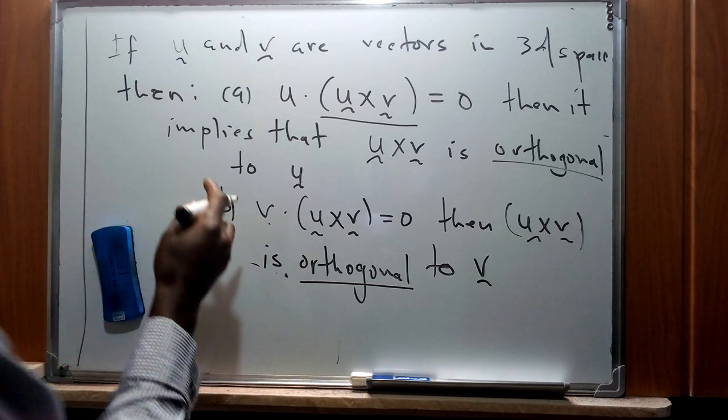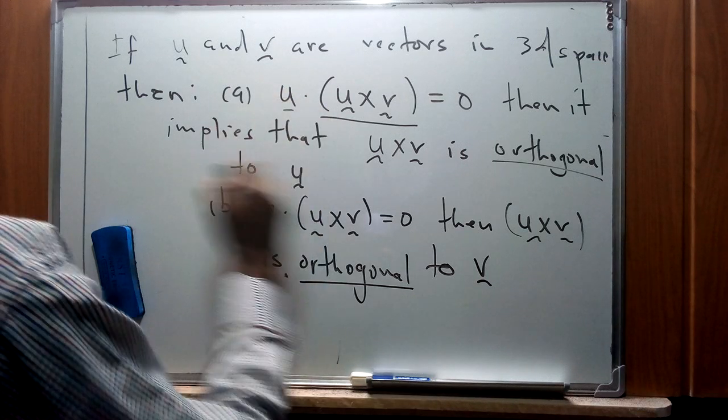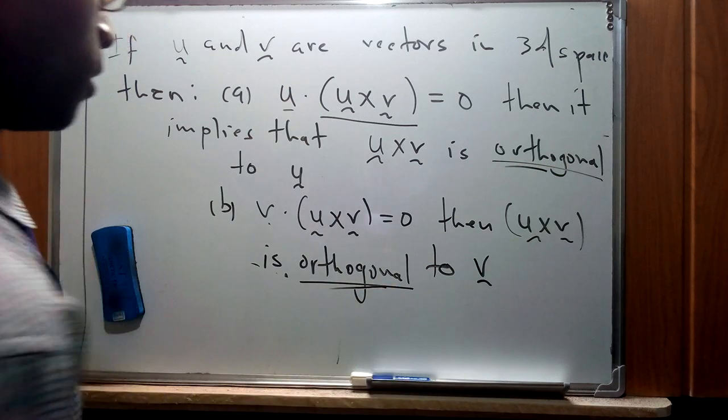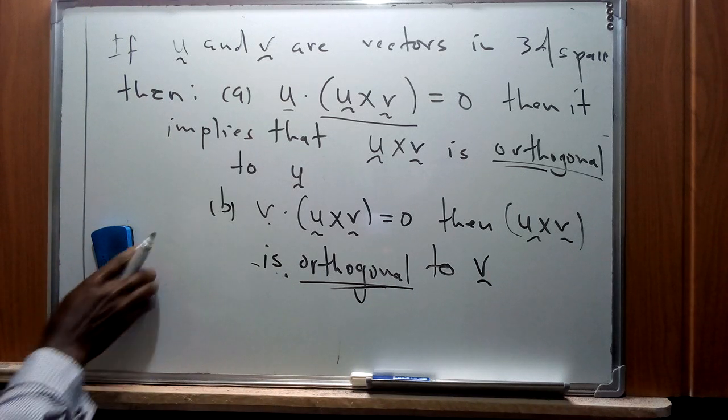So in this case, we have just derived two statements from the calculations that we have done, in order to define orthogonal vectors. Orthogonal vectors basically refers to the concept in which vectors are perpendicular.